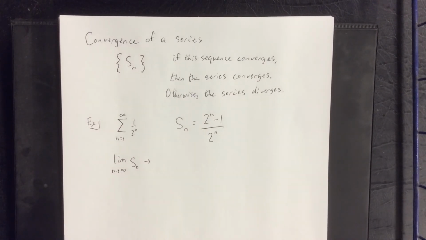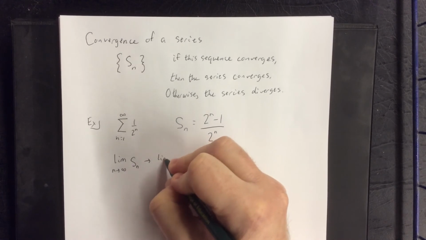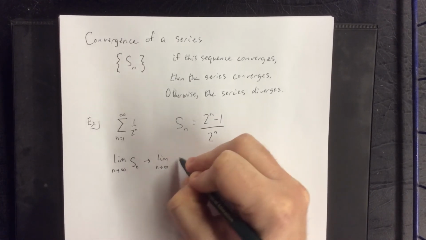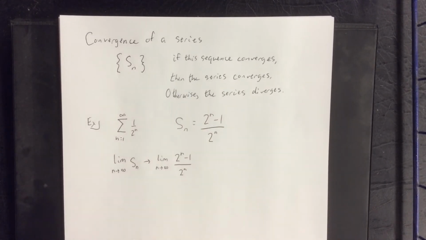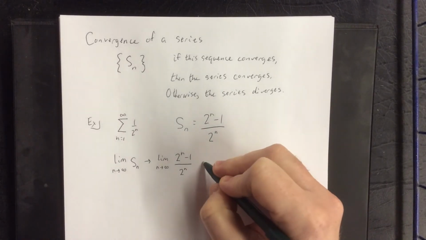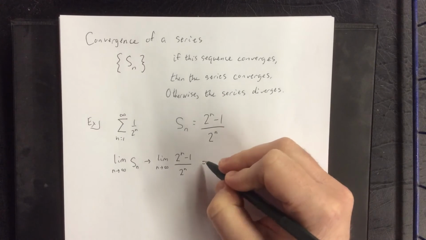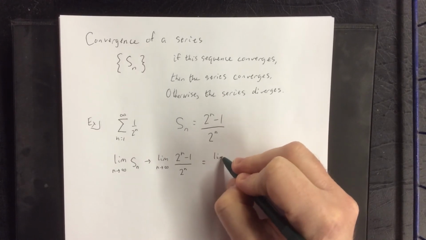That is, this sequence of partial sums. So we would be considering the limit as n goes to infinity of (2 to the n minus 1) divided by 2 to the n. There are a number of ways to evaluate this. L'Hopital's rule is one. I'm actually going to use an algebraic method for this.